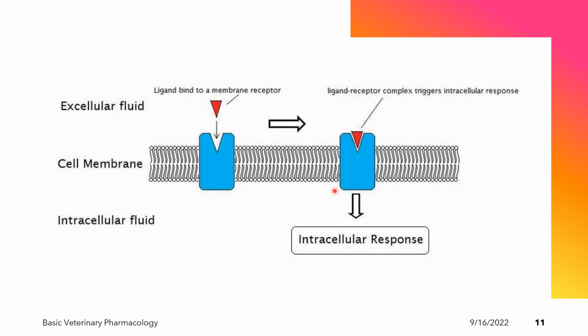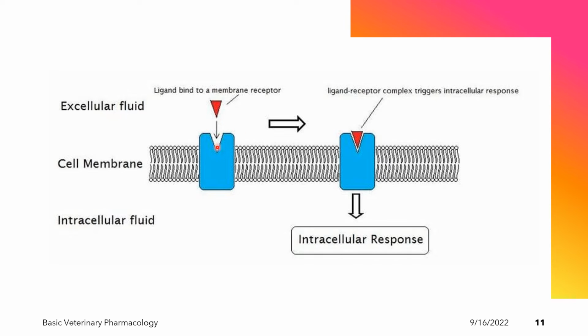This is another diagram of a membrane receptor that is located on the cell membrane. So this is the extracellular fluid, the cell membrane, and the intracellular fluid. The ligand will bind particularly to the membrane receptor, specifically on the ligand binding site of that receptor.